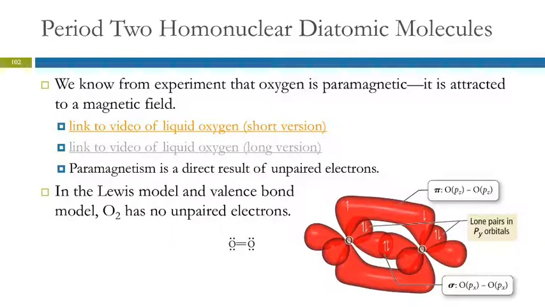So this points out a deficiency in both the Lewis model and the valence bond model, which is one of the reasons why we looked for a more descriptive, more involved model. Molecular orbital theory can explain some of these things that valence bond theory cannot.